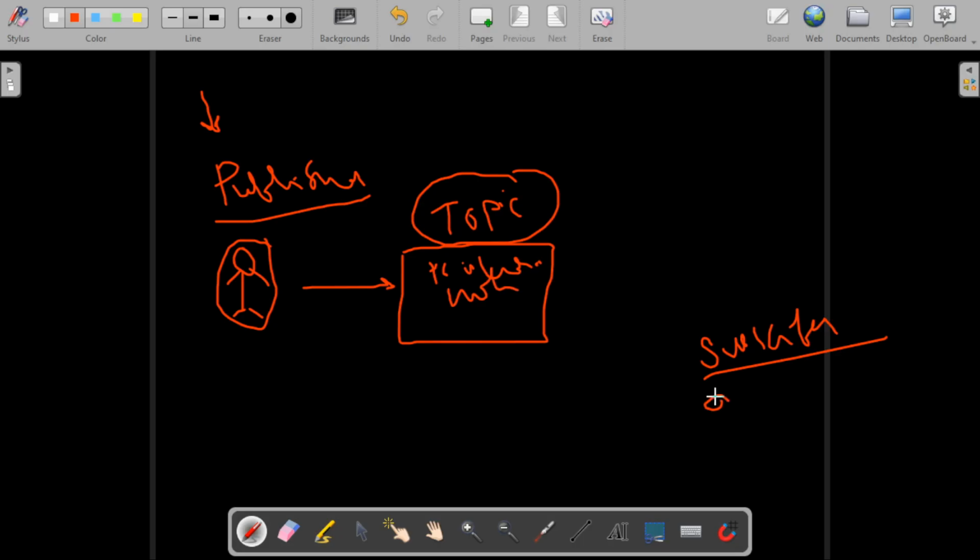And there are people who are subscribers: subscriber 1, subscriber 2, subscriber 3. These people have a subscription to access this notice board, so that whenever a publisher sends or writes anything on the notice board, these people will come to know. They have the access to consume this message.